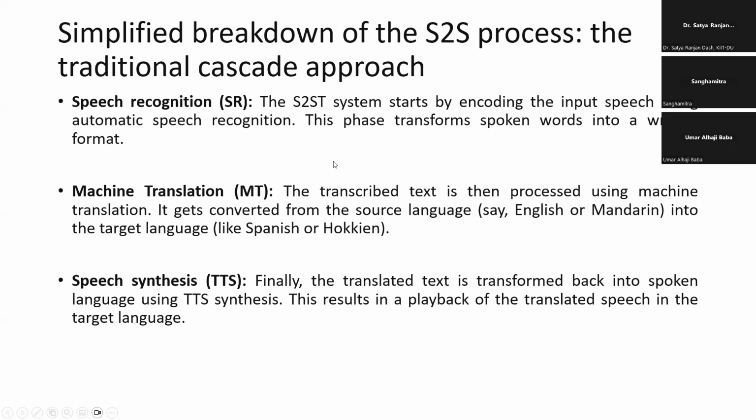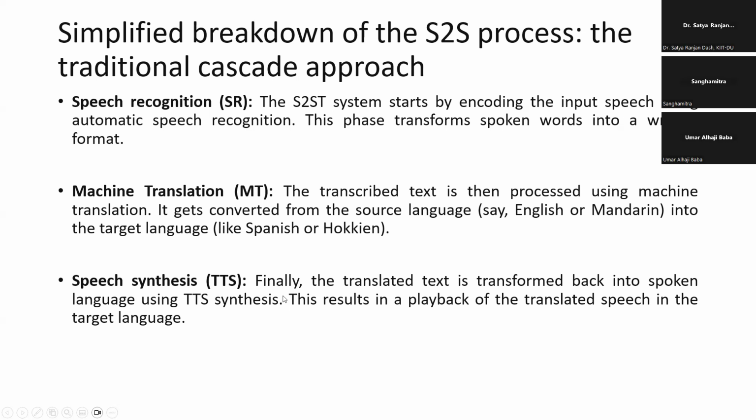The second module, that is the machine translation module, what will it do? It will translate text in a source language to text in the target language. Here the algorithms will leverage vast data sets and sophisticated language models will be used to ensure accuracy and fluency. The third and the last module is the speech synthesis module.